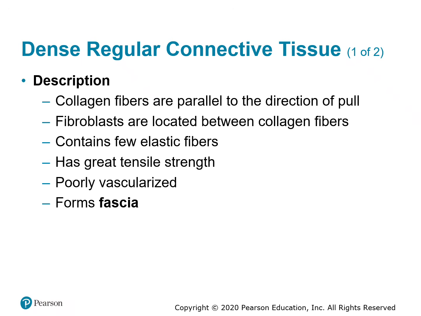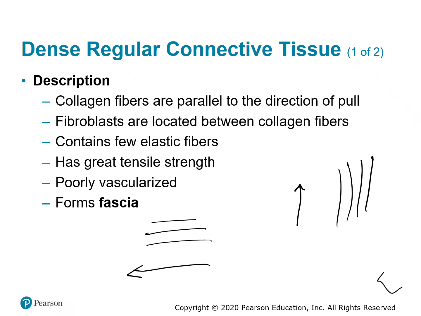Thank you. Dense, regular connective tissue. Those collagen fibers are going to be parallel to the direction of the pull. So if I am pulling this way, my fibers are also going to run this way. If I'm pulling this way, my fibers will run this way. Does that make sense?